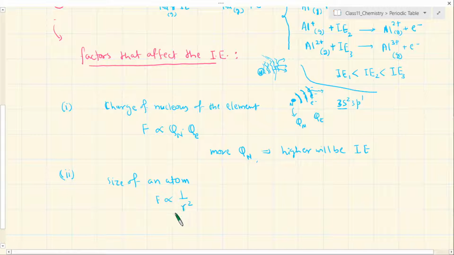So you see that more the distance, more the value of R, lesser the attraction of the nucleus and the outermost electron, and hence lesser will be the ionization energy or ionization potential.